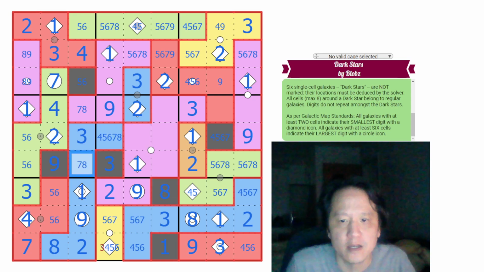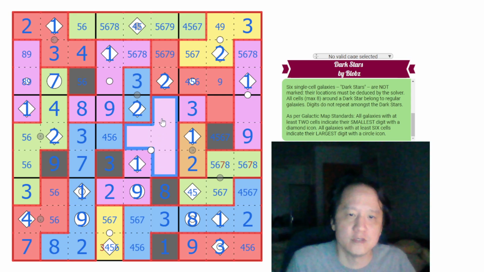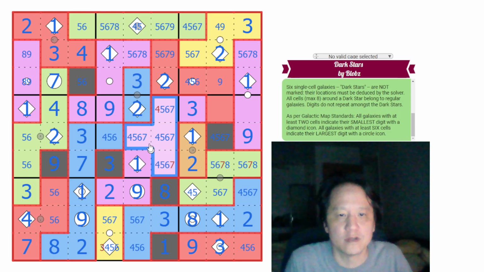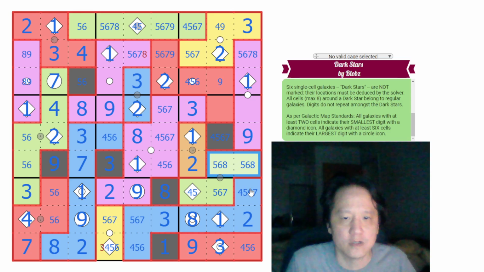This can't be 8 anymore, so this is 7. This is 8. This can't be 7 or 8, so it's 4, 5, or 6. So this has 4, 5, 6, 7, and I guess 8 has to be here. This can't be 4, this can't be 7. No 7 here.